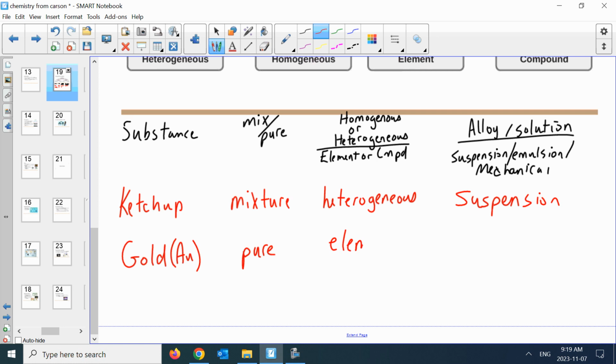It's one type of atom. And an element doesn't break down any further, like into alloy or solution or whatever. It could be gold alloy if I said it was gold in jewelry, but we're assuming it's pure gold. If it was the mixture, like the jewelry type gold, 18 karat gold, 12 karat gold, then we'd say it's a mixture and it's an alloy.